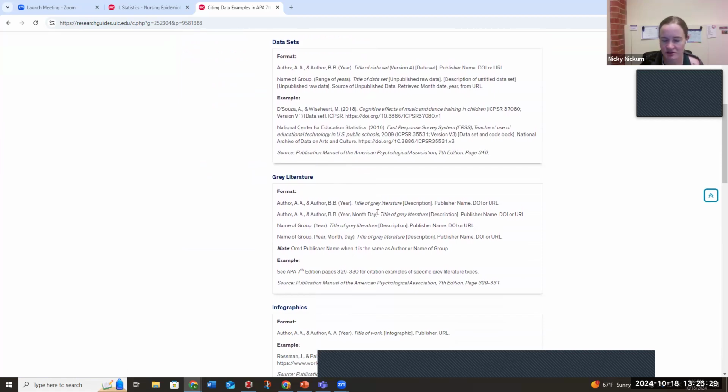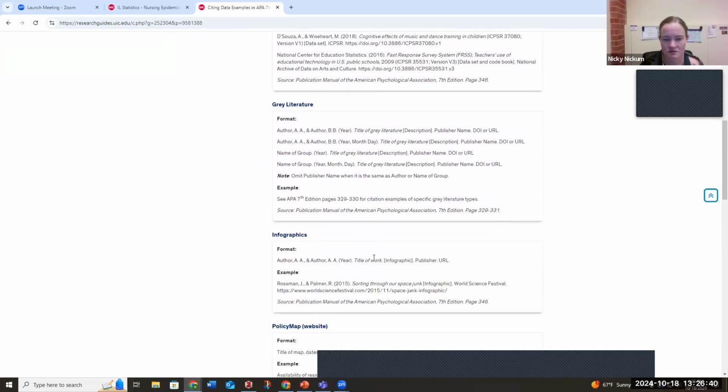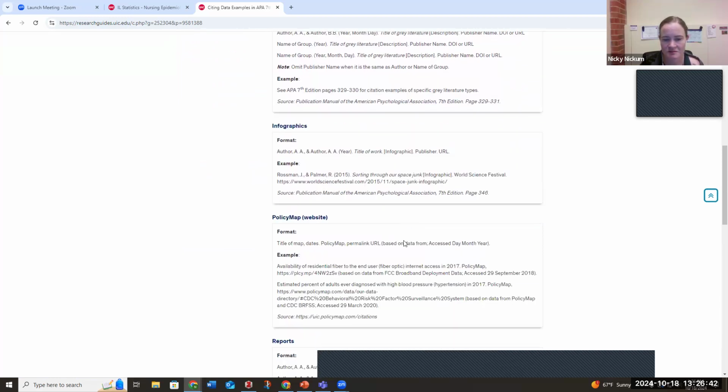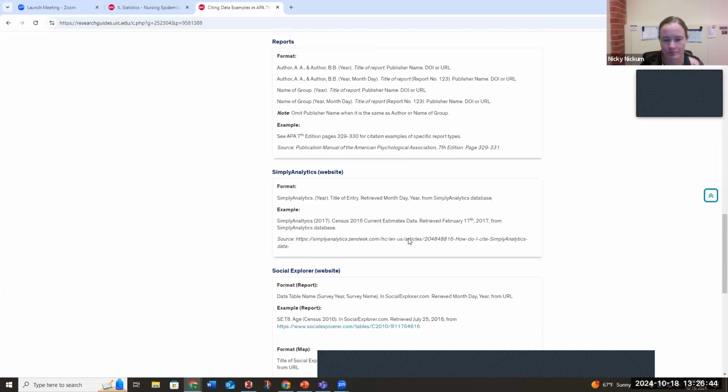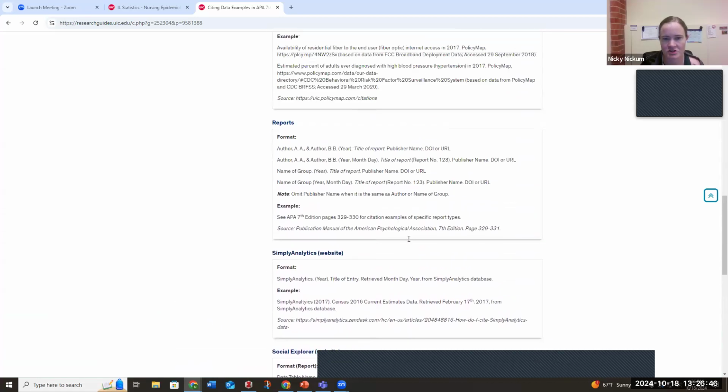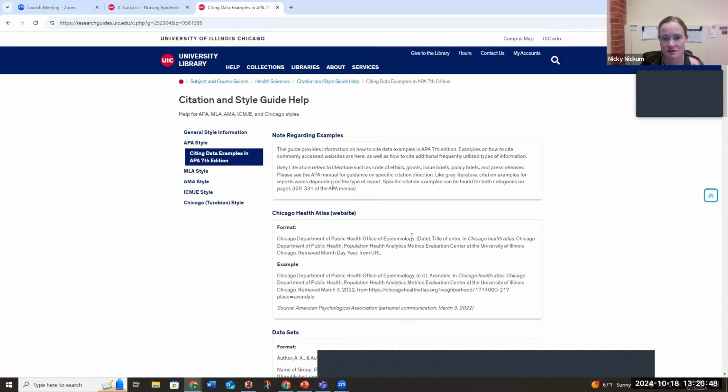So this is conference proceedings, posters, any white papers, reports. We also have infographics, policy map. There's a lot of information here on how to cite in APA style. So again, that's library site guides, citation management, citation style guide help.